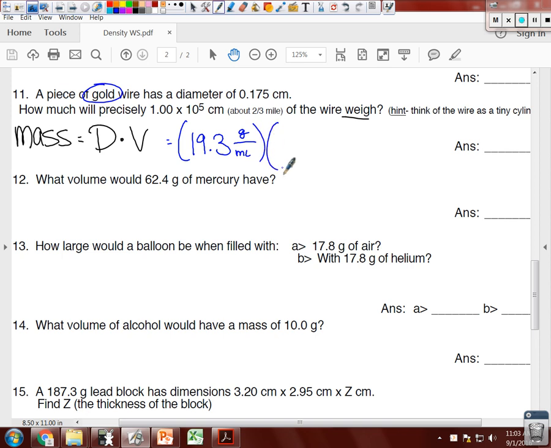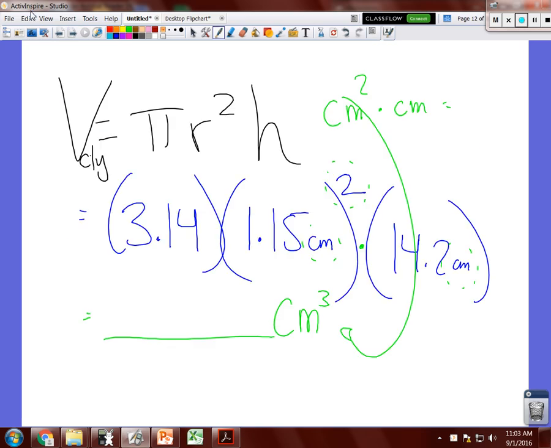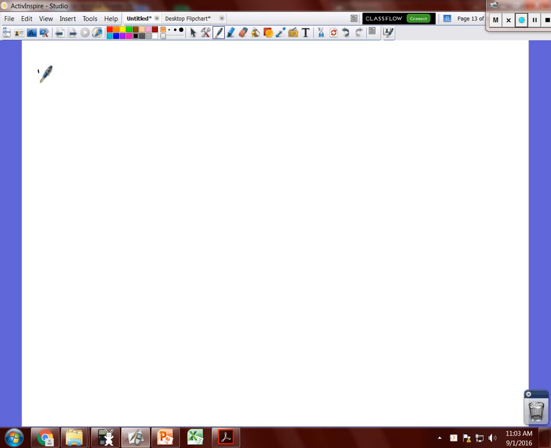Okay. Now, the next one, it's easy, but you got to do a little bit of calculating. Now, you guys have the space to work with this. I'm going to change page so I can write it down a little bit bigger. It tells us it's a cylinder, so we know the volume of a cylinder is pi r squared times h.